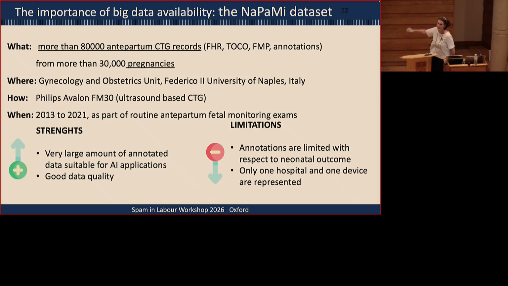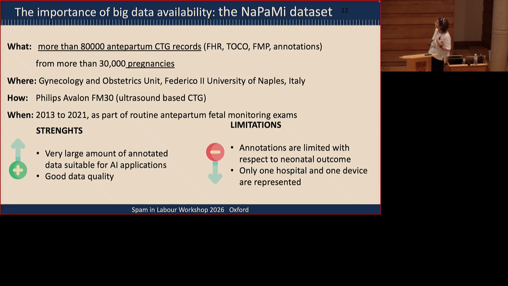Okay, so we worked with your CTG and all the devices. The strength is a very large amount of annotated data, suitable for AI application. And the data are good quality data because they were controlled by clinicians and engineers. So the quality of the data is quite high.